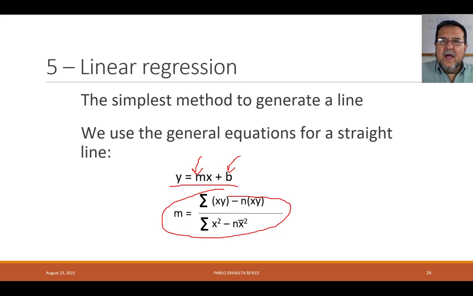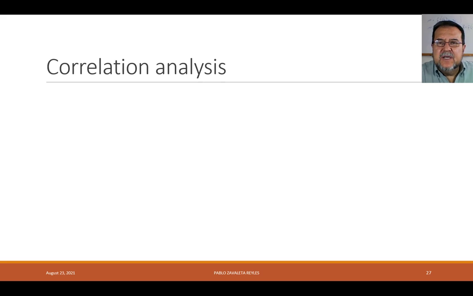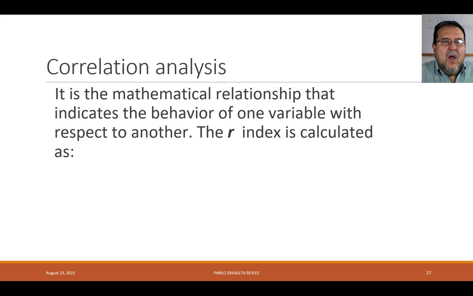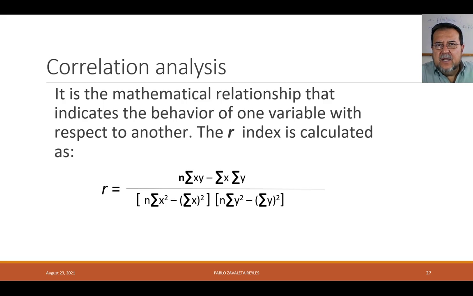Then we have our correlation analysis, which is the relationship between the behavior of one variable and the behavior of the other variable. And the correlation index R is calculated with its formula.